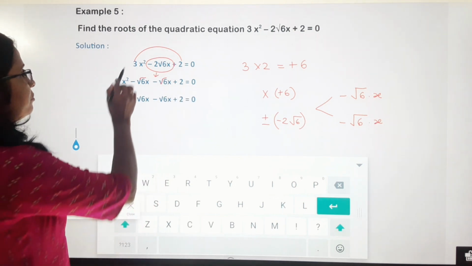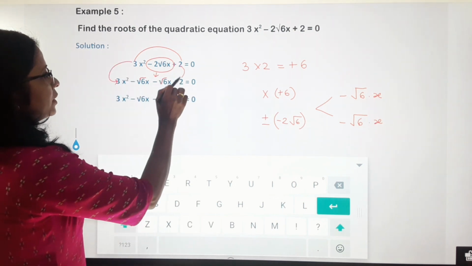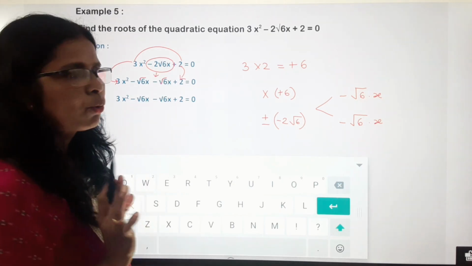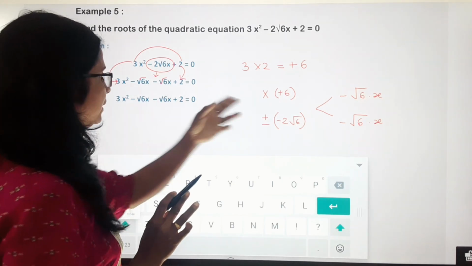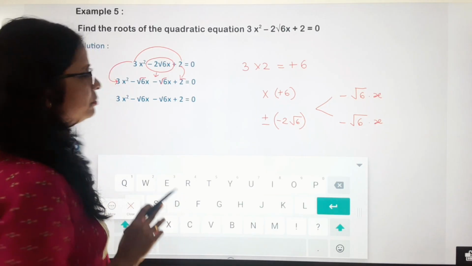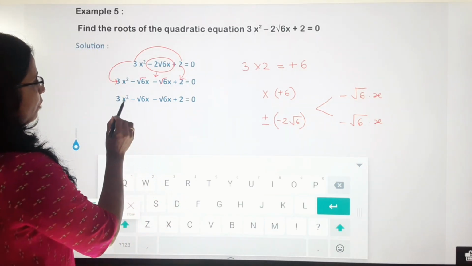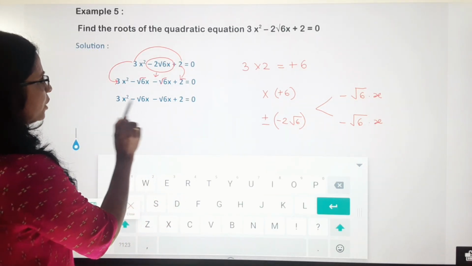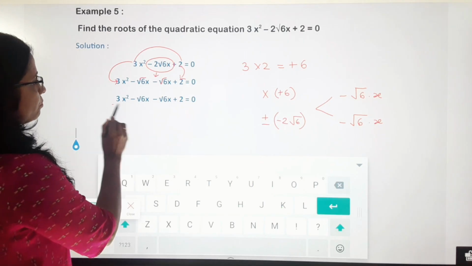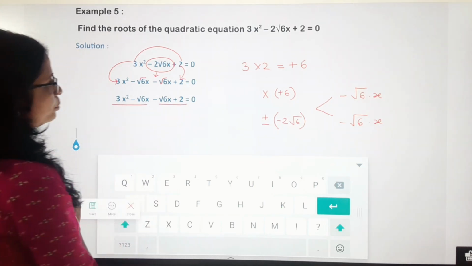Write the first term and the third term as it is. Do not change them. Only rewrite the two terms in between. Now make groups of 2, first group, second group.